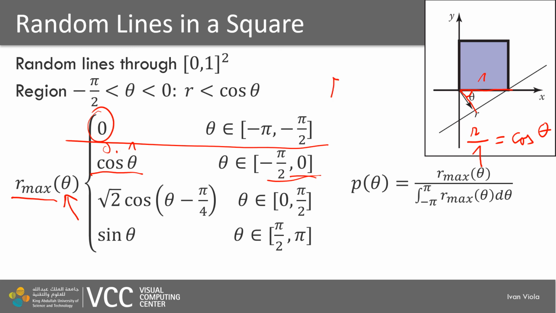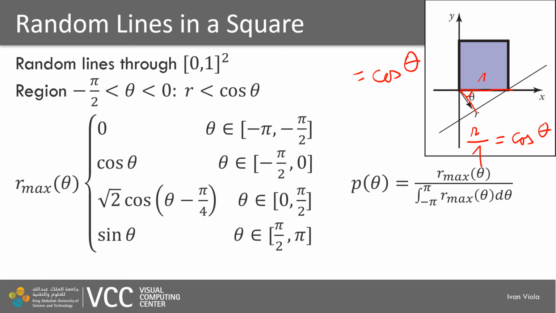So r is equal to cosine theta. That is defining it. So we can use the cosine theta here for defining the R max. Great. And for other quadrants, we will see similar relationships happening. We will not go into those details now. But now we have defined that for each quadrant, we have a function of R max based on the theta.